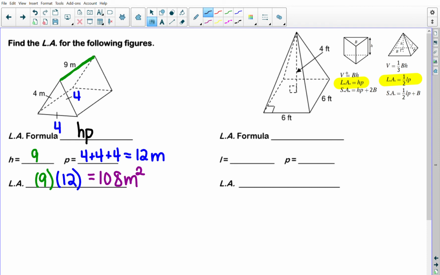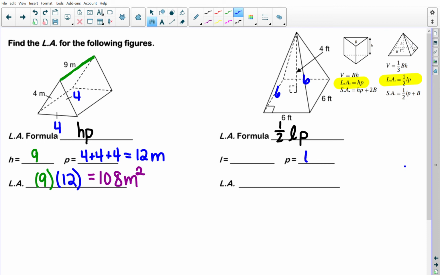For my pyramid that I have over here, my lateral area formula is 1/2 slant height times perimeter of the base. Okay, so we'll look at the base first, and I have 6 for each of these sides, so that's awesome.